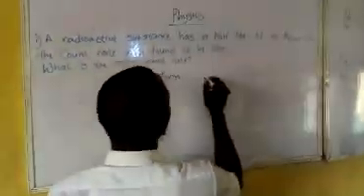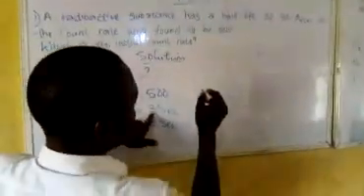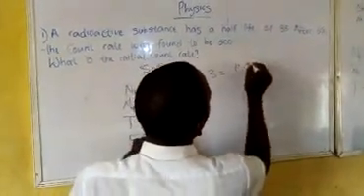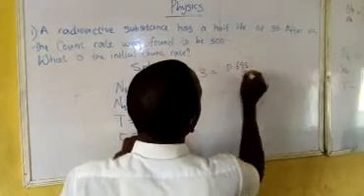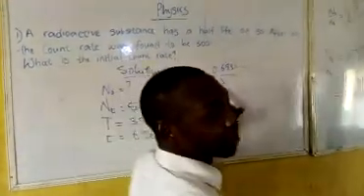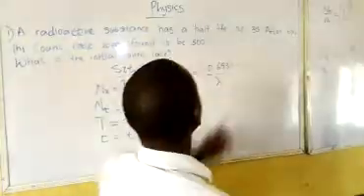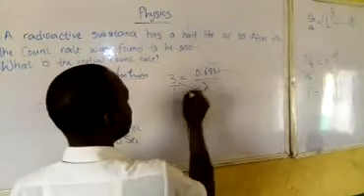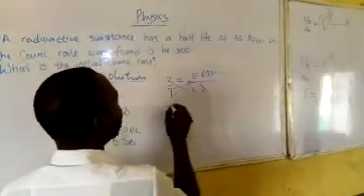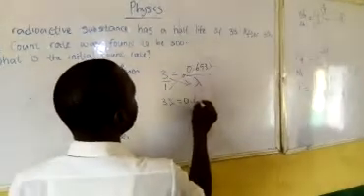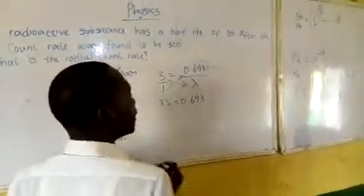And look at it. It's going to be like this. We have the decay constant, the half-life is what? 3 seconds, isn't it? Equals to 0.693 all over what? Lambda. And this lambda is what? Decay constant, isn't it? Then that means if you cross multiply, you will have 3 lambda equals what? 0.693, isn't it?